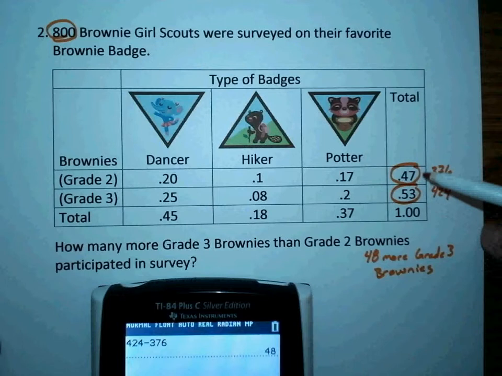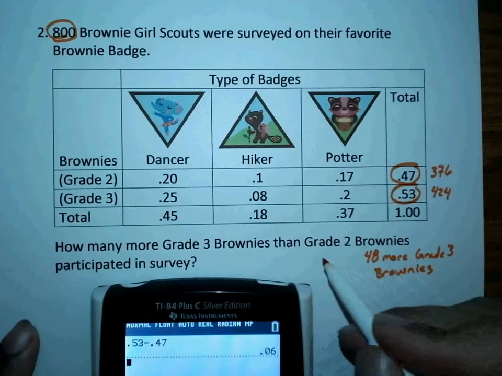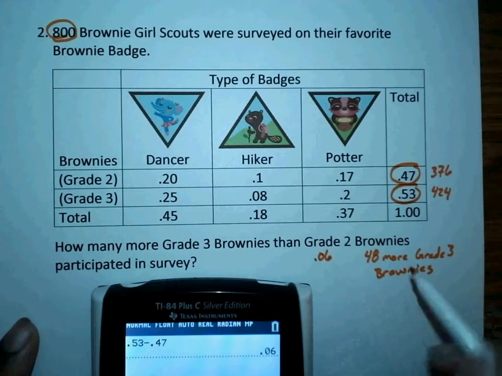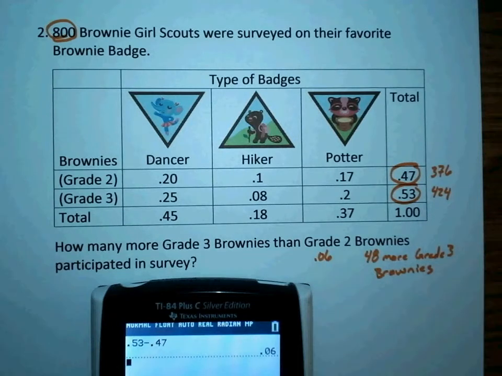If you wanted to, you can subtract these two. So if I do 0.53 minus 0.47, we get 0.06, and that's the difference in those two. And I can do 0.06 times the 800, and we get that 48 still.